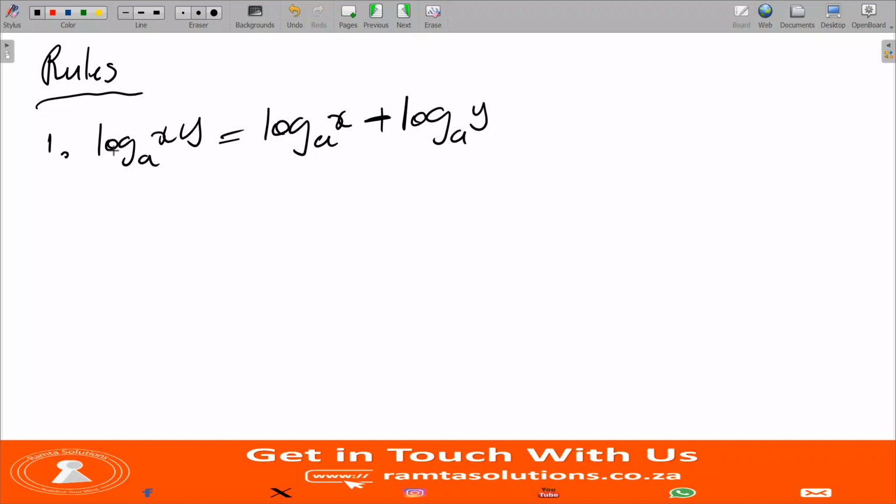We are going to have a video where we prove this, but we will do that later on. For right now, because we are close to exams, we don't have to prove this. But in the course of the year, for sure next year, we will be proving this, for enrichment only. Rule 2, I will explain this. This is basically the product rule.